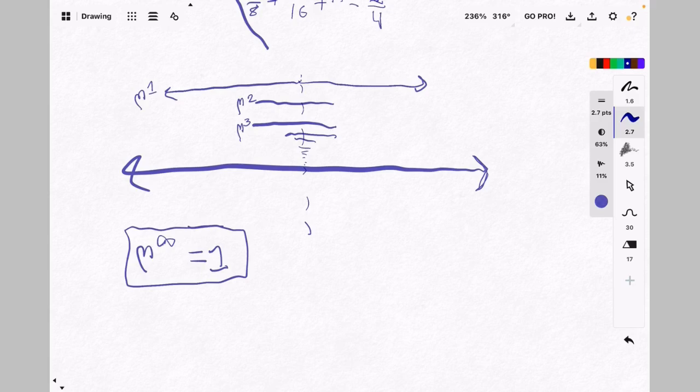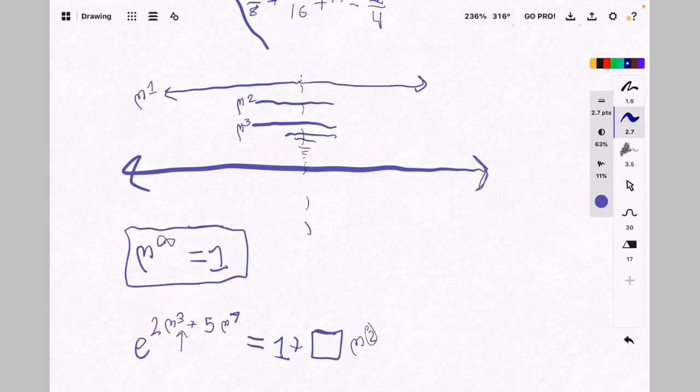So say you had e to the 2 Votel cubed plus 5 Votel to the 7th. The solution to this would be 1 plus some object times Votel 2, because the minimum Votel exponent is 3, and you're subtracting 1 from that to make 2.